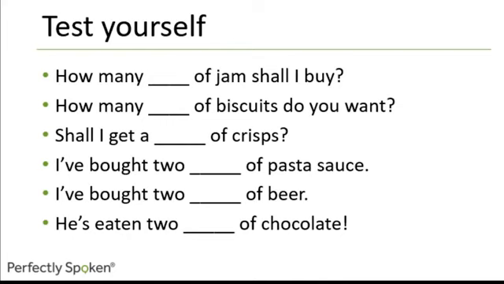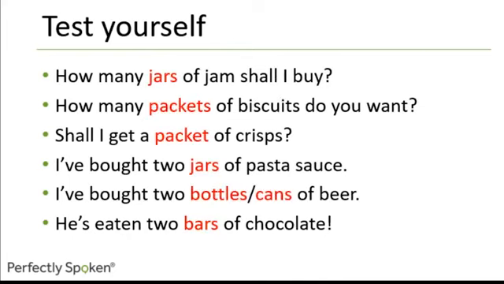Here we have the answers. How many jars of jam shall I buy? How many packets of biscuits do you want? Shall I get a packet of crisps? I've bought 2 jars of pasta sauce. I've bought 2 bottles or cans of beer. He's eaten 2 bars of chocolate.